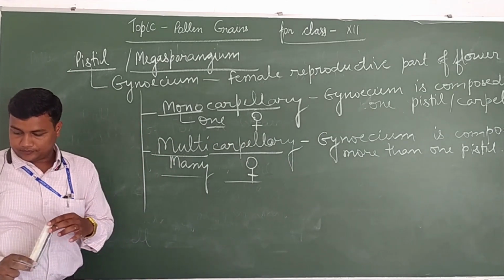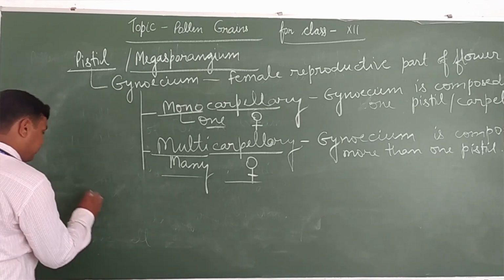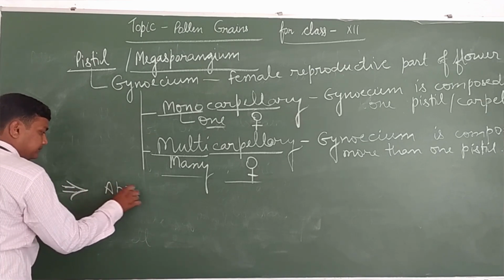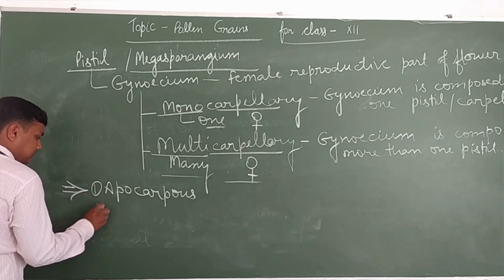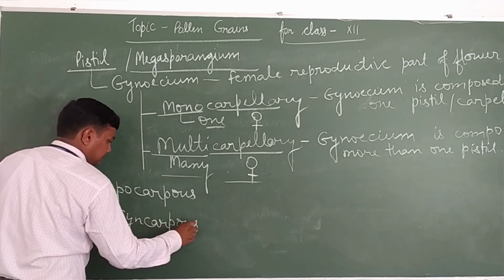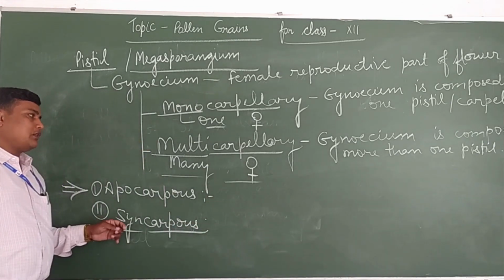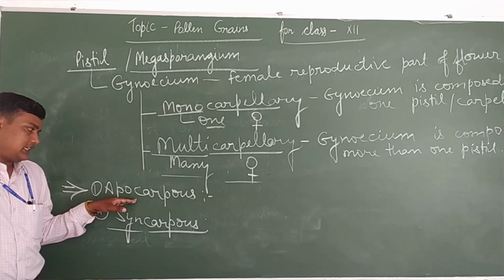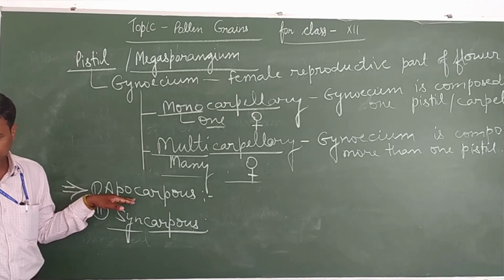Next point: two words are given in the NCERT. One is apocarpus and the second one is syncarpus. Apocarpus means the gynecium is free, the carpels are free.